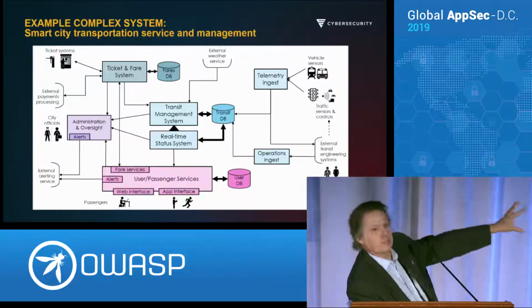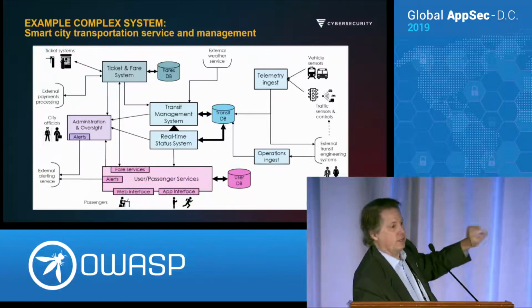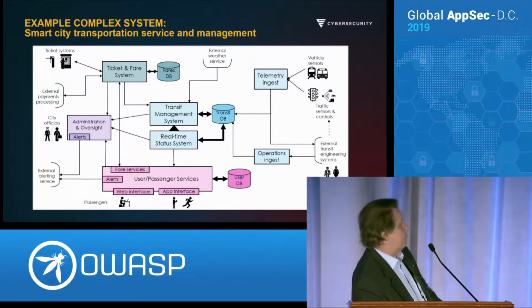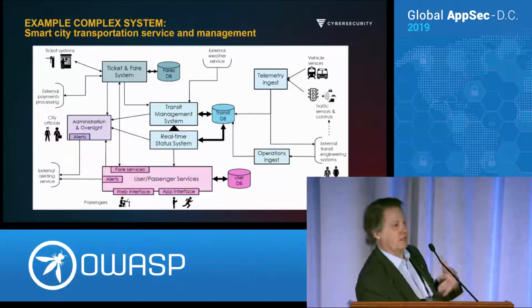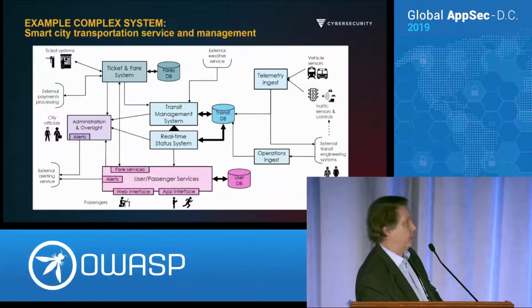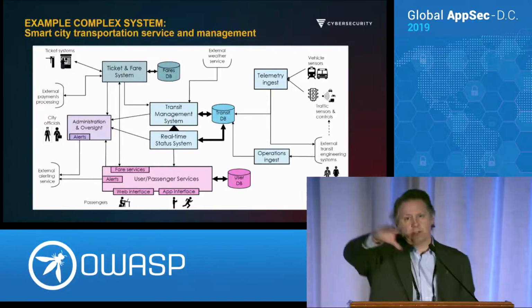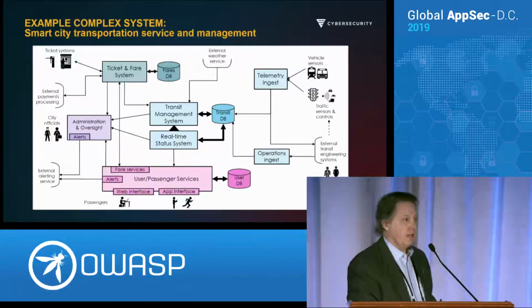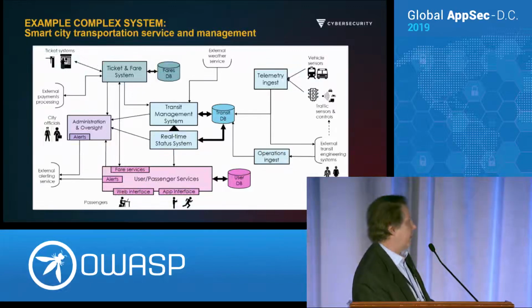You have some city officials who want to administer and oversee this whole business. You have the whole ticketing system, right, which has to deal with money and credit cards and all the regulatory complexity that comes with that, as well as with these devices that are placed all around the city and probably connected to the internet in 19 different ways.